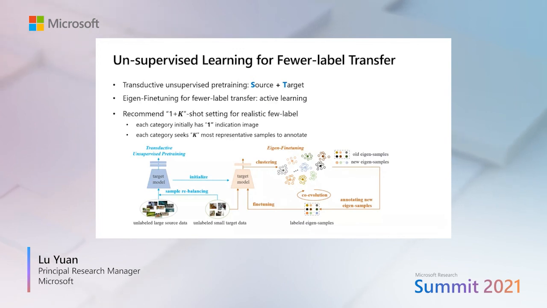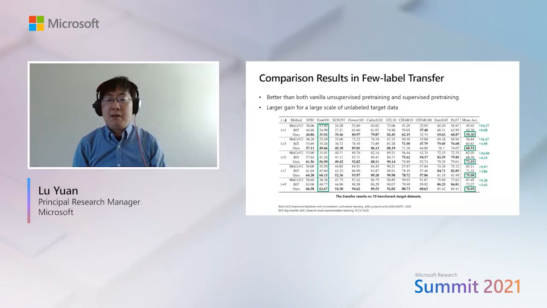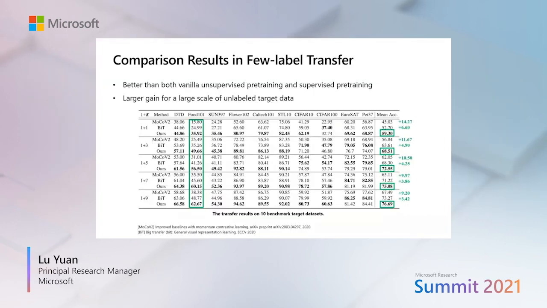In fine-tuning, we adopt an active learning way to only label a few target samples. This way, we achieve much better generalization in few-label transfer than vanilla unsupervised pre-training MoCoV2 and supervised pre-training BiT. More gains are achieved in the few-label setting, shown on the right side of the table.